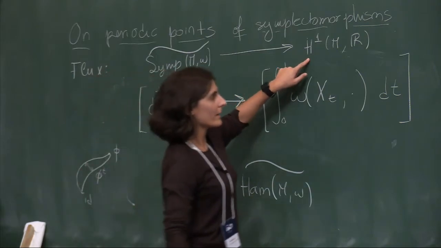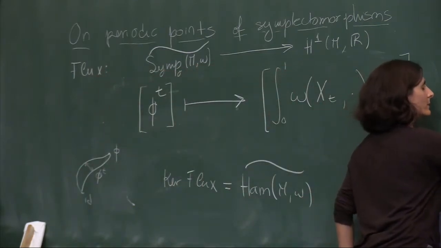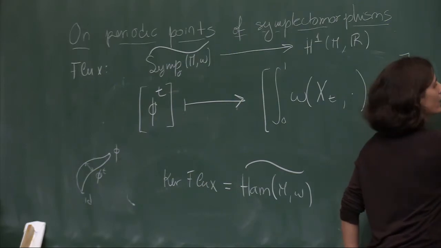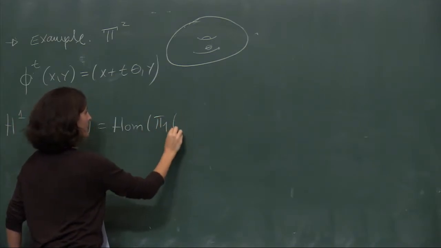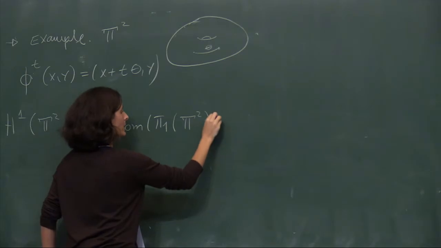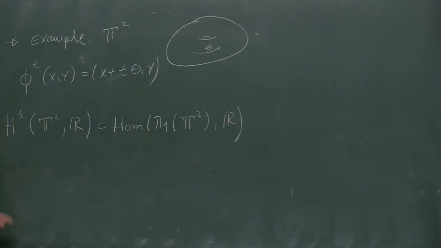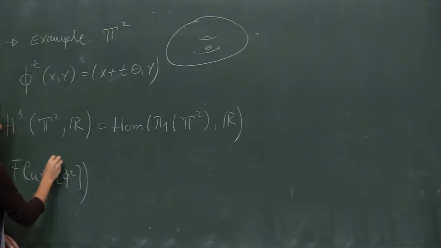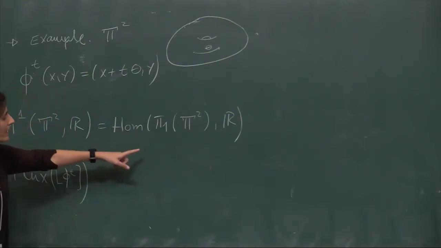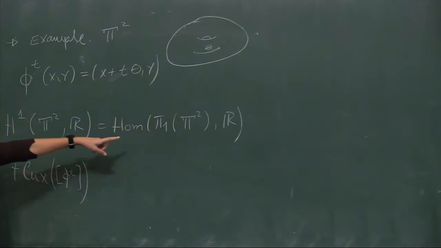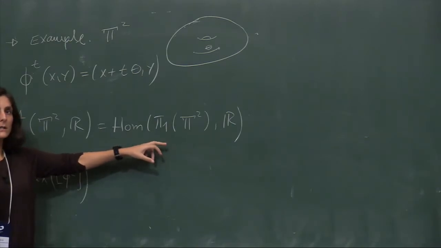If we identify H^1 of T^2, R, with the homomorphisms from pi_1 of T^2 to R, the flux of this phi_t is this map from pi_1 to R. If I take an element gamma in pi_1, it tells me the area swept by gamma in time 1.